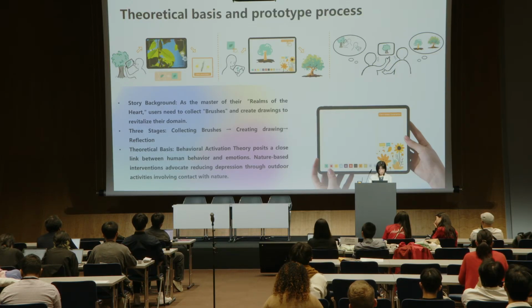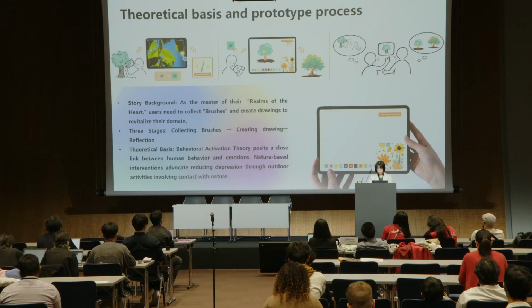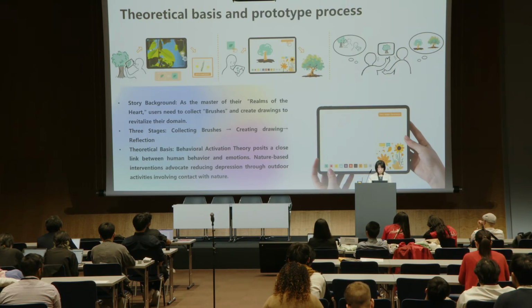We can see that the users take tree pictures, and Realms of Heart unlocks the tree brush. Second, the users use the tree brush, and Realms of Heart generates a tree picture. And then the users discuss this whole process with the art therapist.